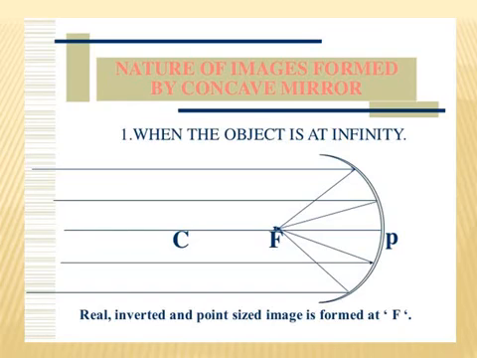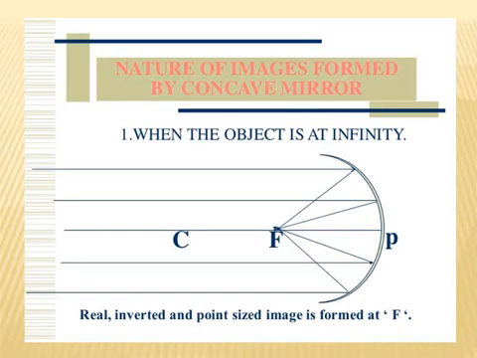This diagram represents the image formation for an object which is kept at infinity. When the object is at infinity, all the rays are parallel. All the parallel rays reflect and pass through the point F. Since all the rays are meeting at F, the image is formed at F.